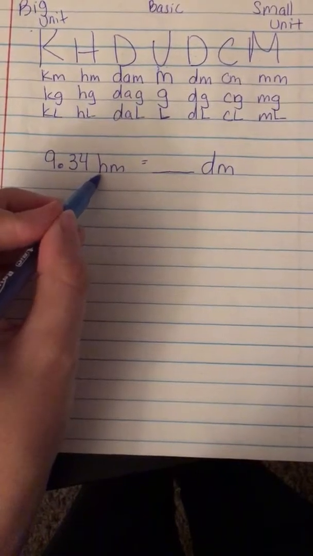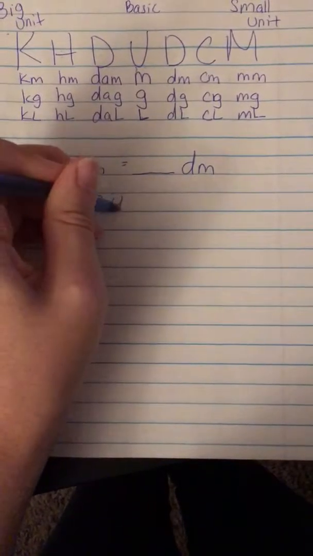So I start off with HM, so I go to my H. And I got to go to the DM, not DA, the D. So I jump 1, 2, 3. So I moved this and I went this way. So I move that decimal point 1, 2, 3.